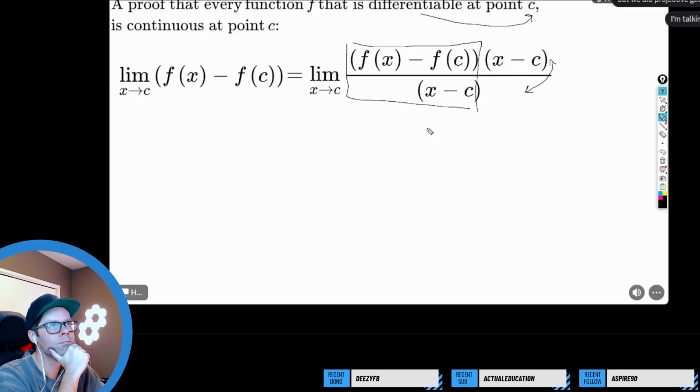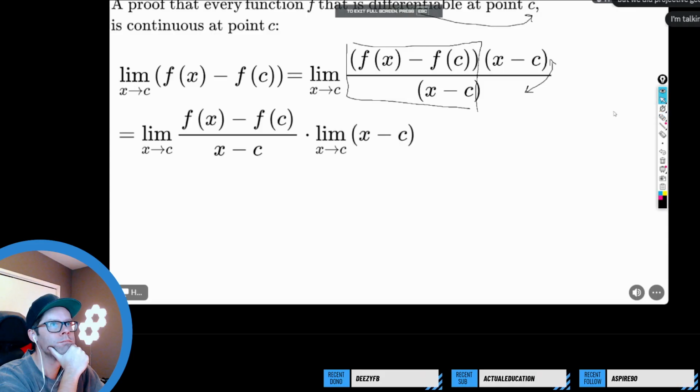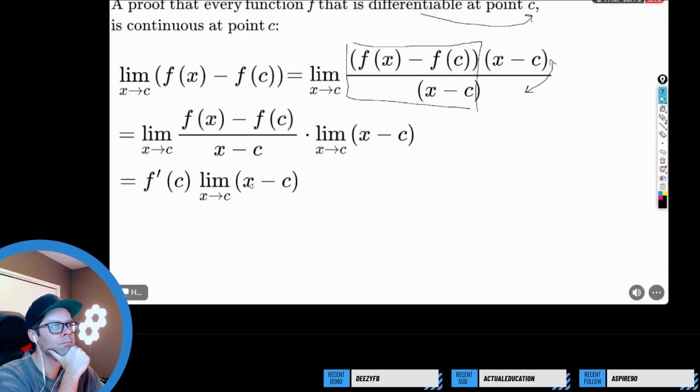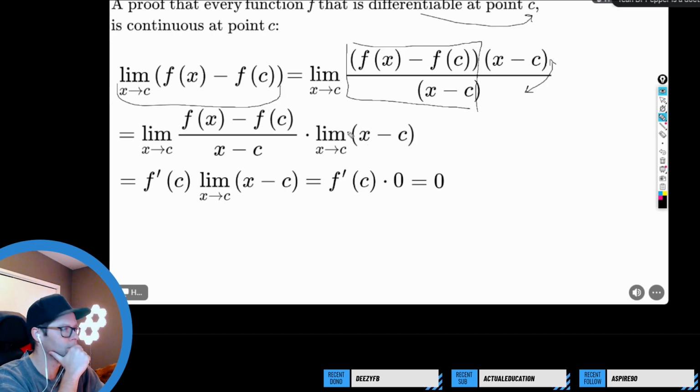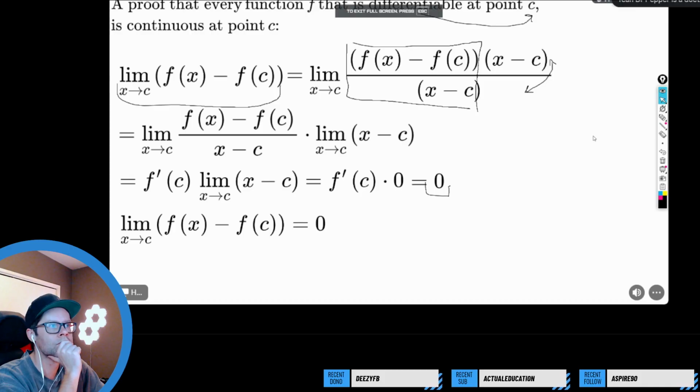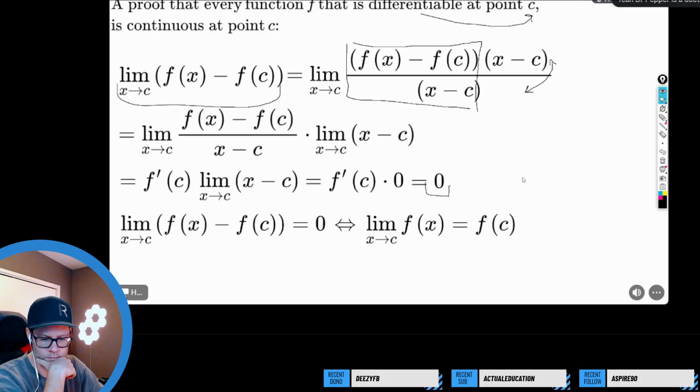So we have the derivative of it times this, and this, if we plug in c, is just 0, which means this is 0. And if this limit over here equals 0, it means that the limit of f of x as x approaches c is f of c, which means it is continuous.